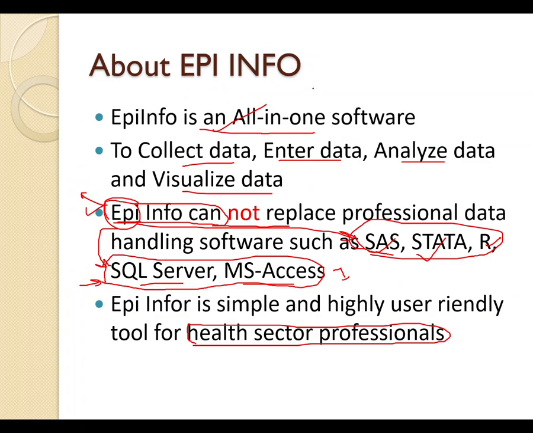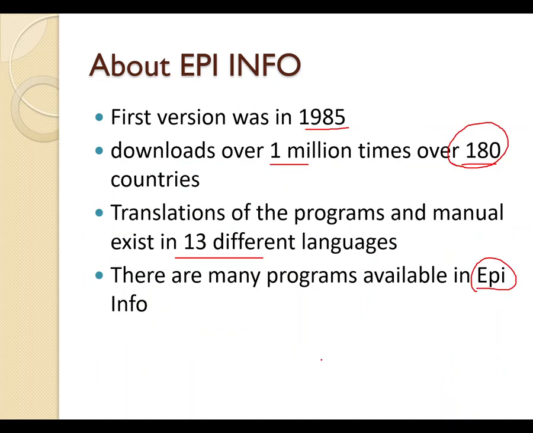This can't be compared with the professional softwares, and it is targeted at health sector professionals. Then it has a long history: it was invented in 1985 and used by multiple countries.